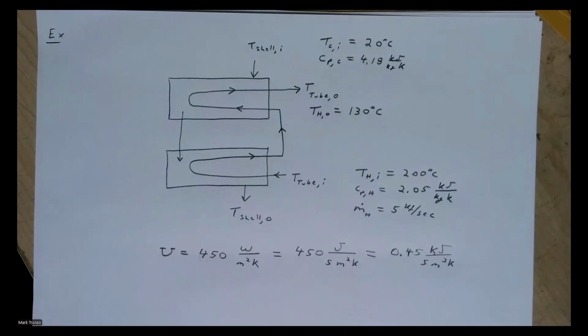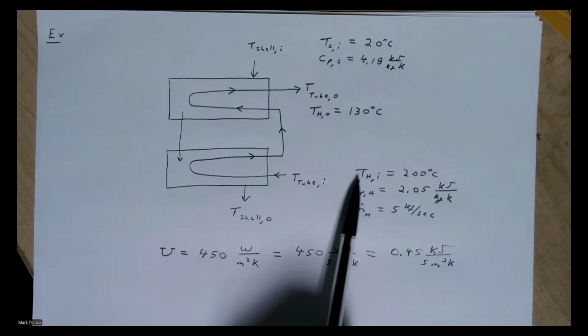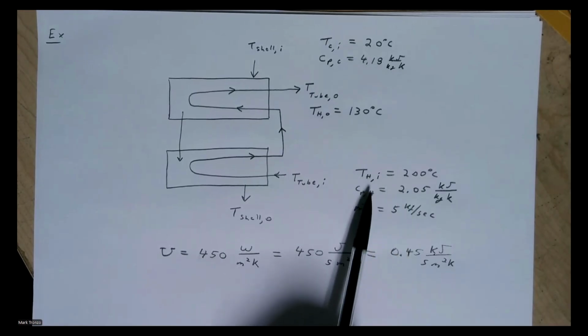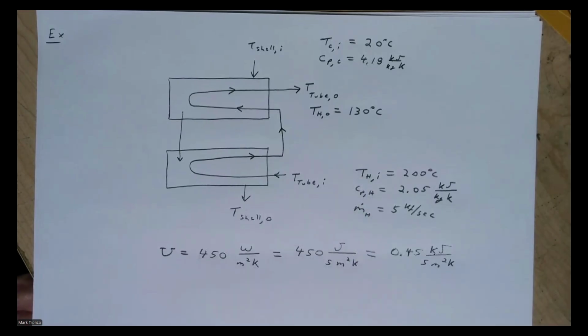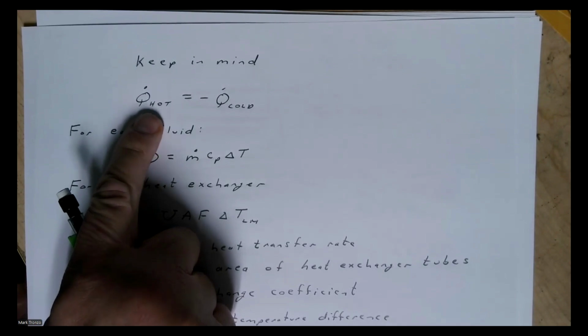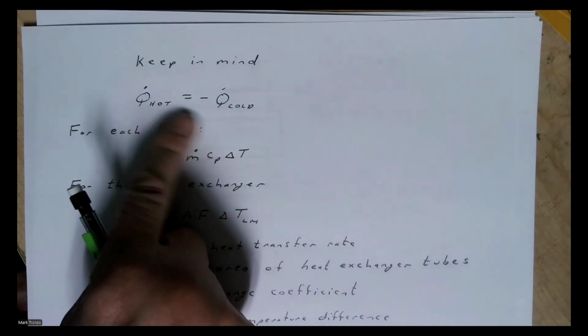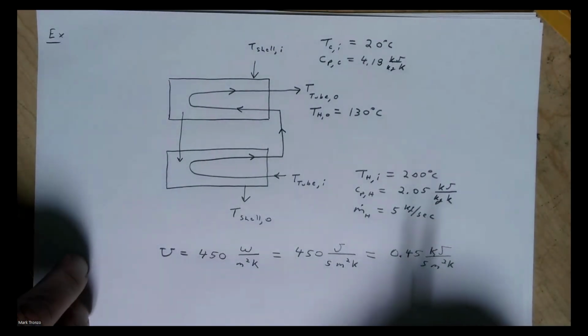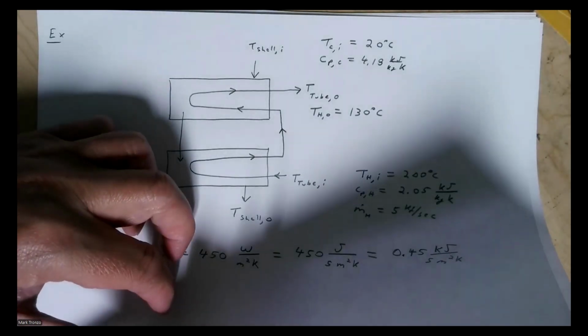So now let's go ahead and calculate the heat transfer rate. Now we have enough information about the hot fluid to be able to calculate that. Again, remember, as I said a minute ago, whatever the hot fluid loses, the cold fluid gains, and vice versa. And so let's calculate the heat transfer of the hot.